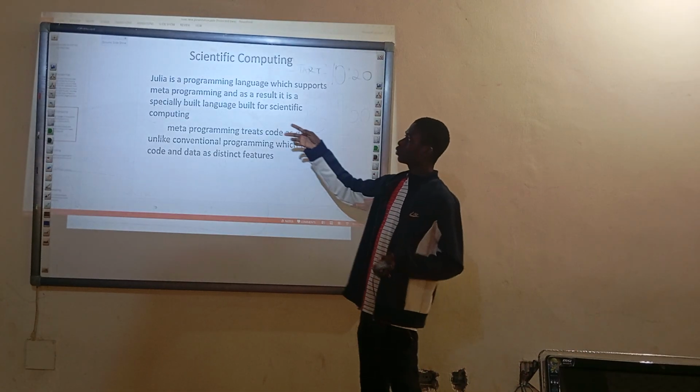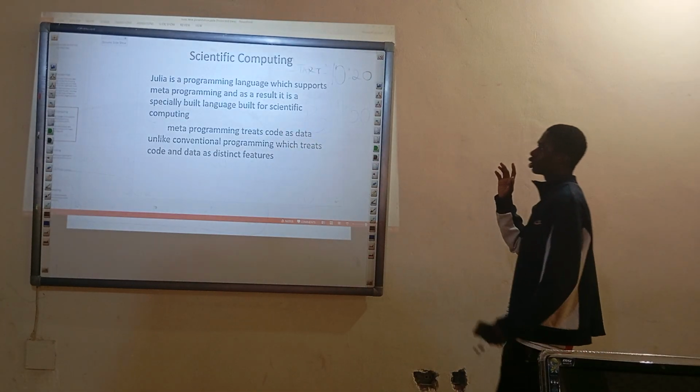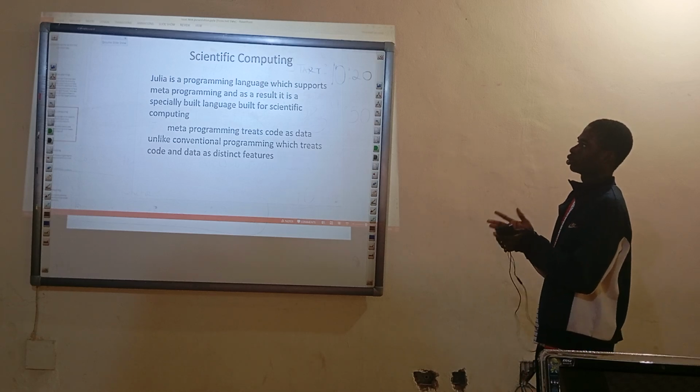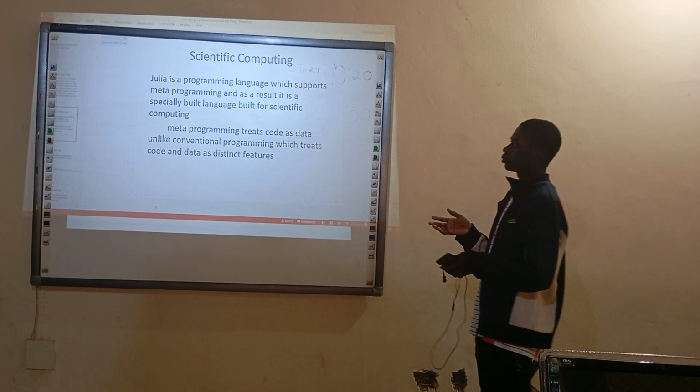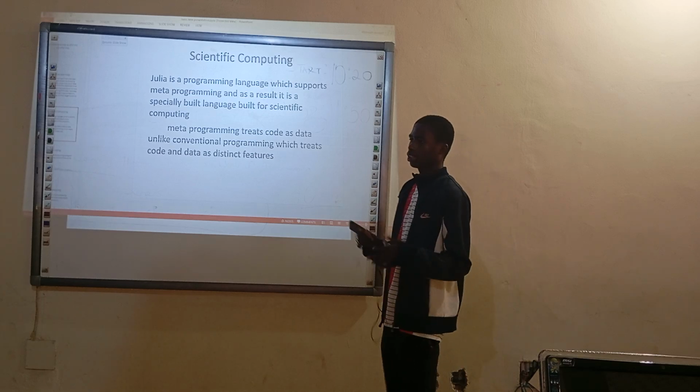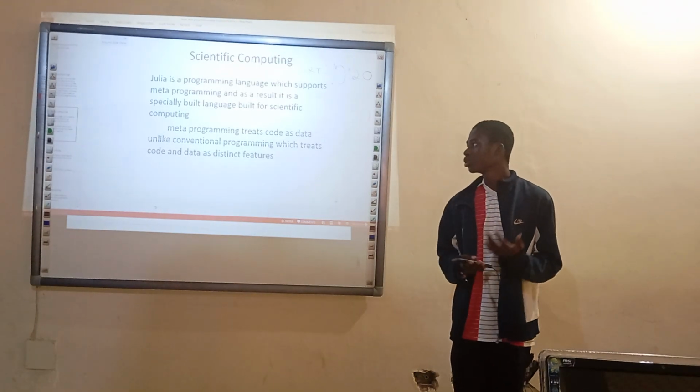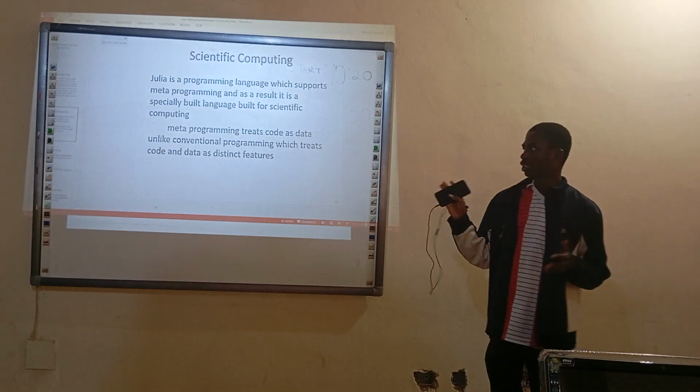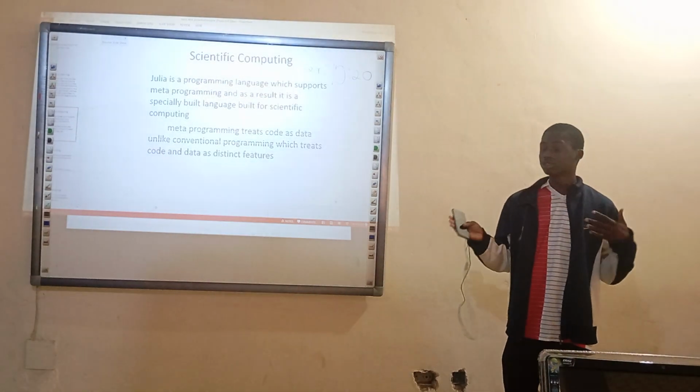Now, in scientific computing, Julia is a programming language that is used for it because metaprogramming treats code and data as though they are the same thing. But when we talk about conventional programming, code and data are distinct features; they are not the same.